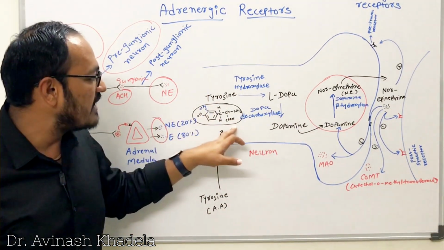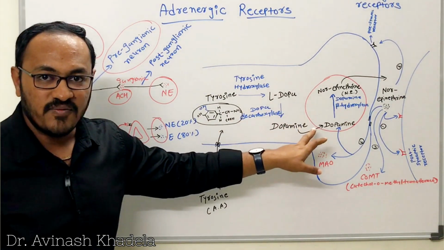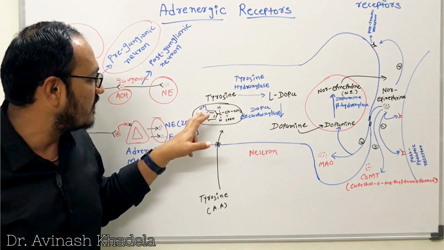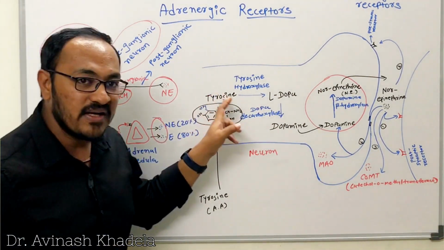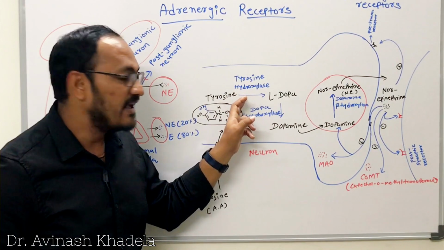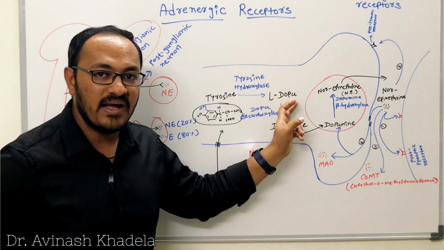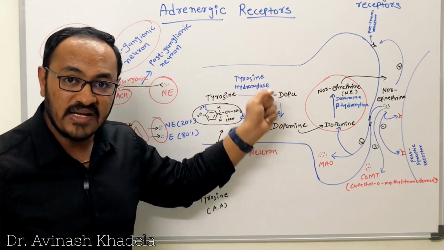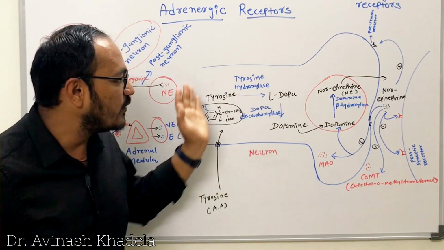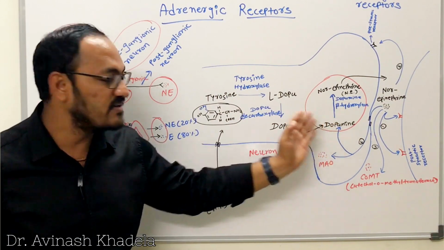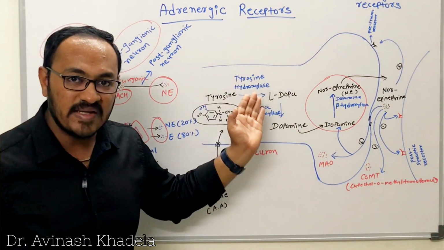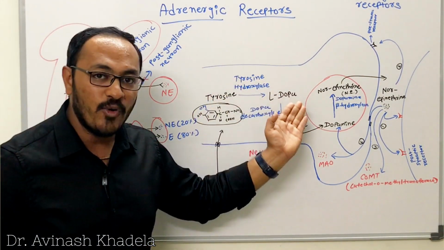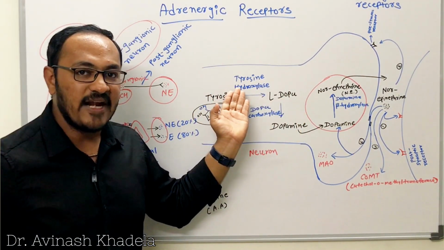So in order to make the structure of the catecholamine, there should be hydroxylation, the addition of one hydroxy group over here. That will be done by tyrosine hydroxylase and that will form L-DOPA inside the neuron. We all know that norepinephrine and epinephrine are catecholamines. So in order to get to the structure of catecholamines, an essential process takes place inside the neuron, and that is the conversion of tyrosine to L-DOPA with the help of tyrosine hydroxylase.